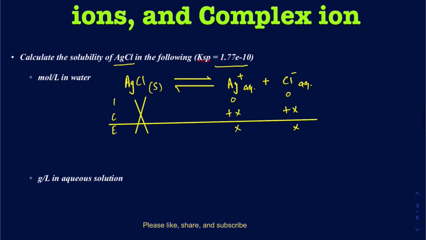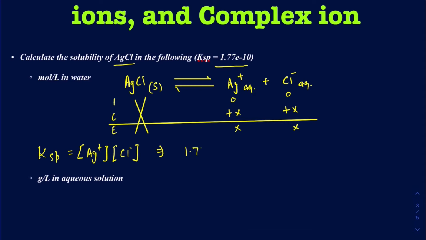So the question is, what are these X values, which is also going to be your molar solubility. Before we do that, let's write down the KSP expression, which is going to be the concentration of Ag plus times the concentration of Cl minus. The KSP is given to be 1.77 times 10 to the minus 10, and your Ag plus and Cl minus are going to be x times x, which is x squared.